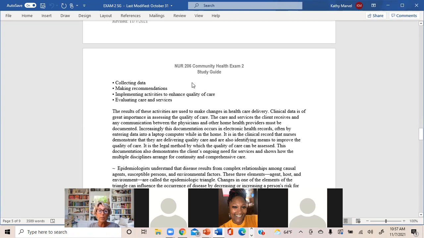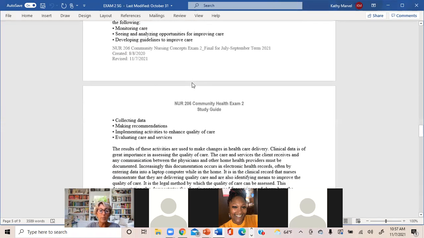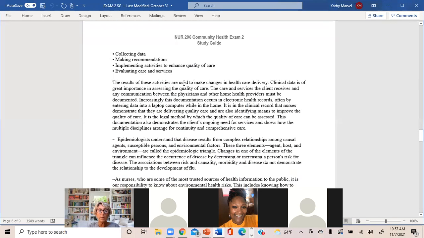Okay, so if you're involved in the quality improvement process, once you go through that nursing process, the results of your activities are hopefully used to make changes in healthcare delivery.